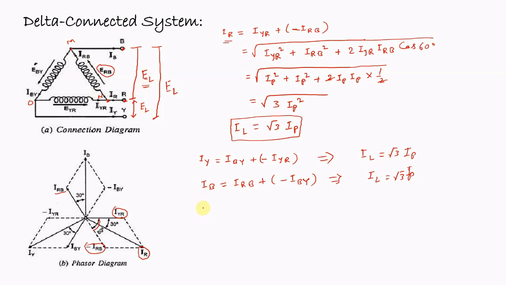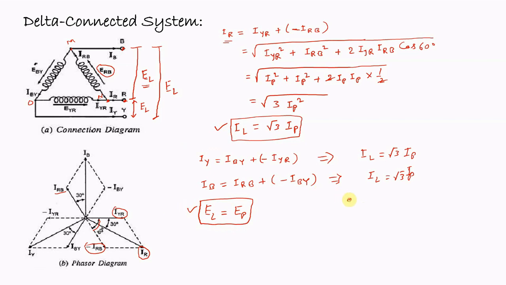Therefore, we can conclude for a delta connected system, the line voltage is equal to the phase voltage. So this is the relation of the line voltage and the phase voltage, and this is the relation of the line current and the phase current of a delta connected system.